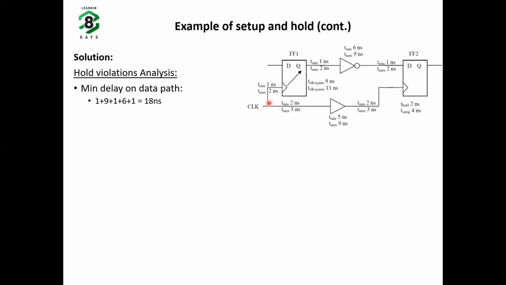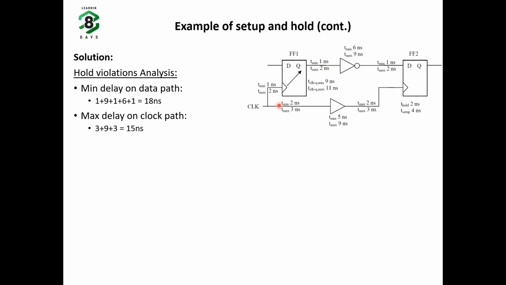So the delay would be 1 plus, we have a clock to Q min delay as 9 plus interconnect delay, which is wire delay, amounting to 1 ns. Again, the combinational logic element delay 6 ns plus interconnect delay 1. So the amount of time for the data to get captured from here till here is 18 nanoseconds.